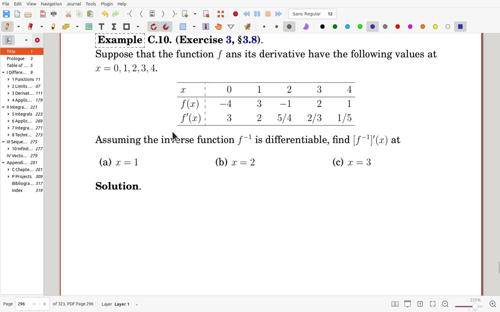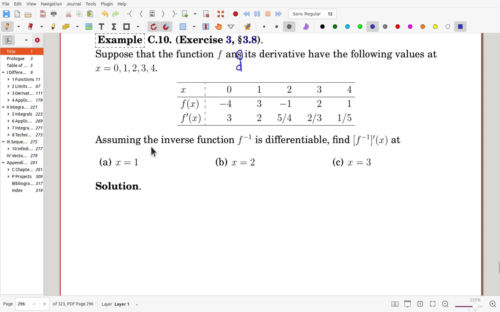Okay. Now that is one exercise problem you already solved. We'll do it again. Suppose that the function f and its derivative have the following values at x = 0, 1, 2, 3, 4, and there's x and there's f(x) value.